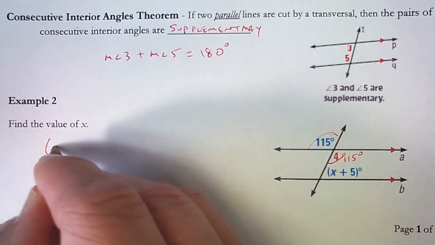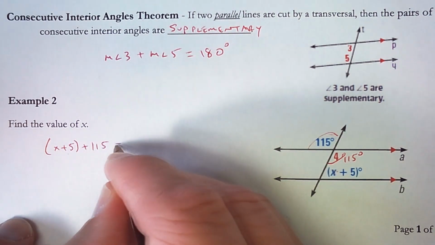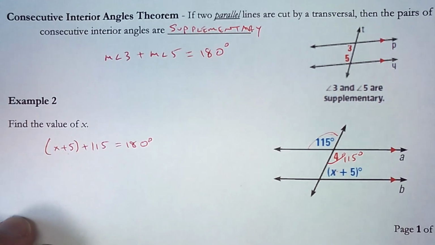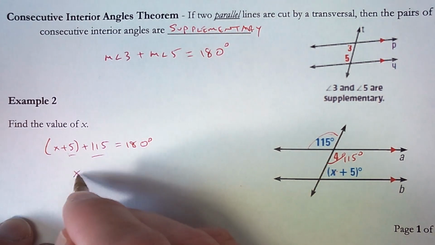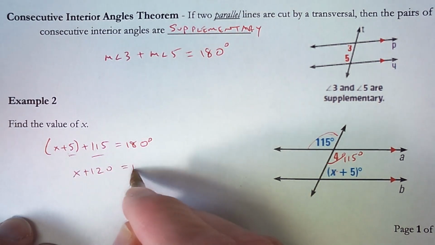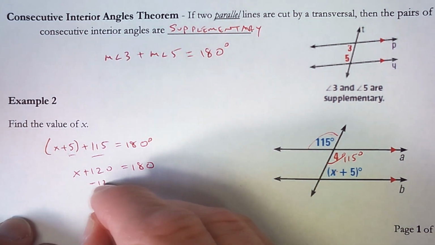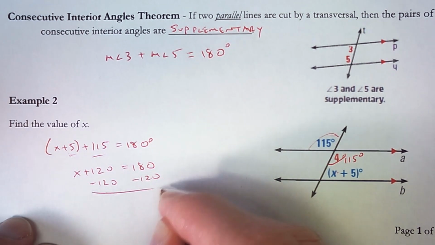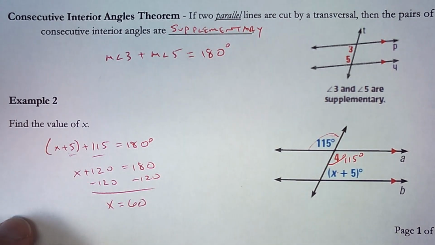So I know that x plus 5 plus 115 has to add up to 180 degrees. Okay, I've got like terms here. x plus 120 equals 180. Subtract 120 and I get x equals 60.